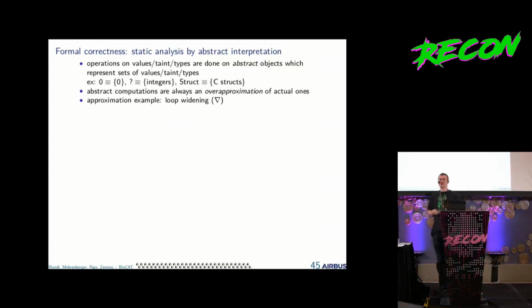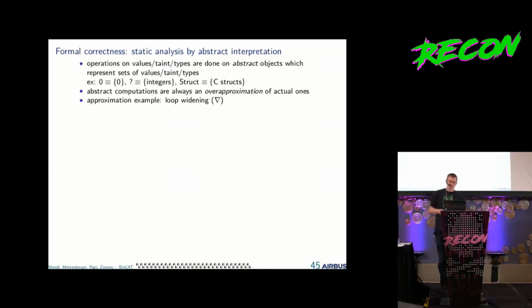But the question mark that we have seen before says this can be any of the integers of this size. It's the same for types: we could have the abstract type struct, which is another approximation that says this is a representation of all the C structs. And we do all the computations on those abstract objects, and the computations that we do must always be an over-approximation of the actual ones.